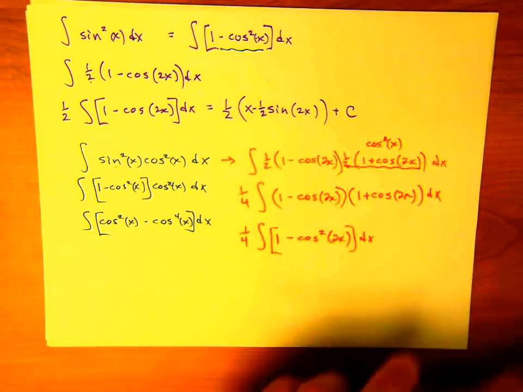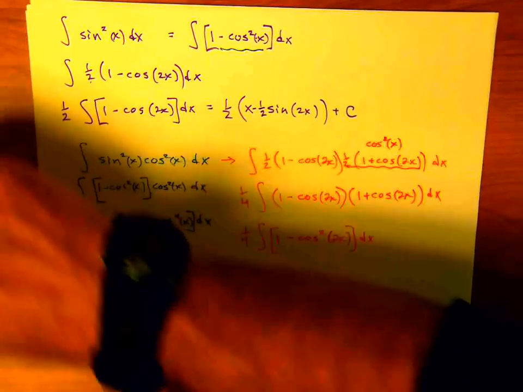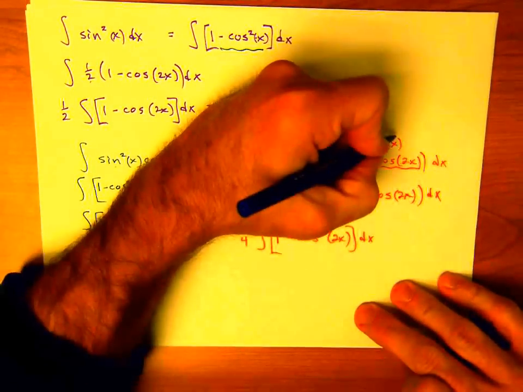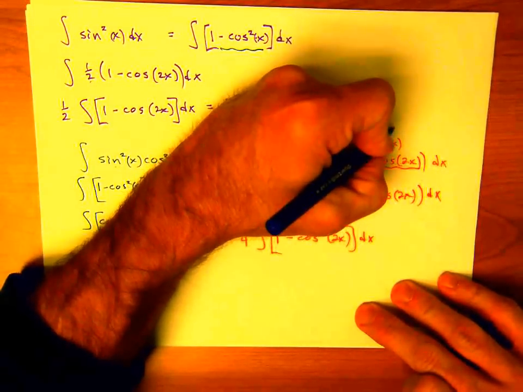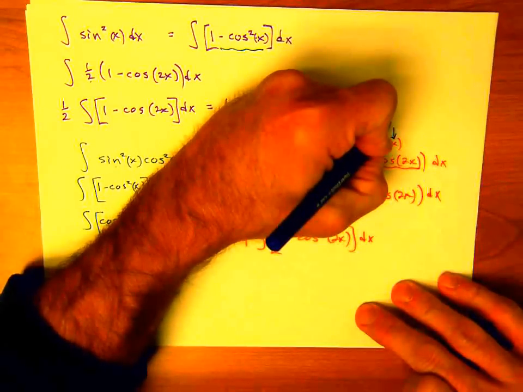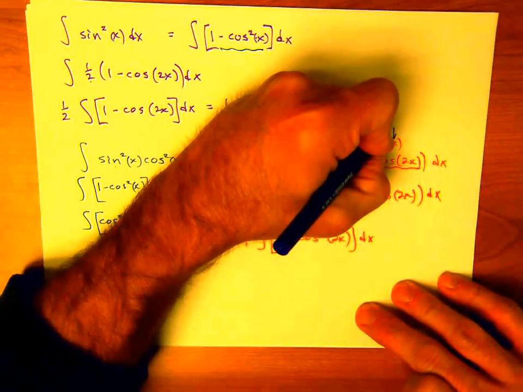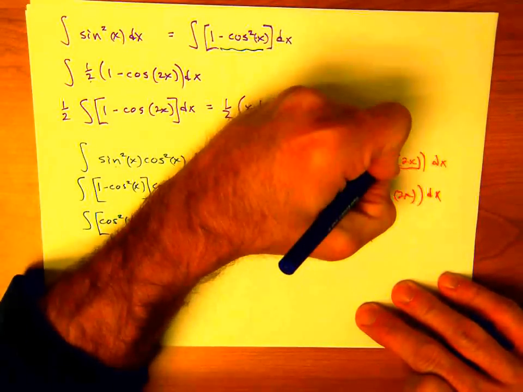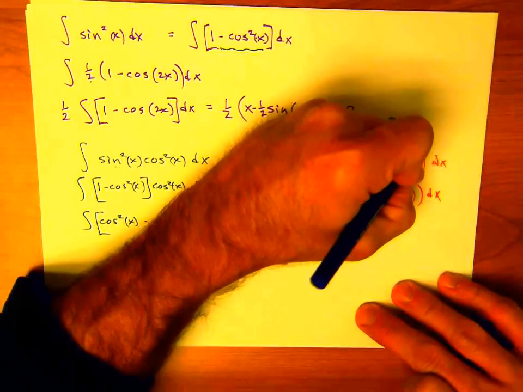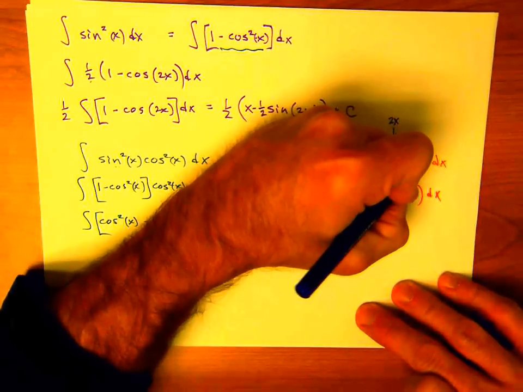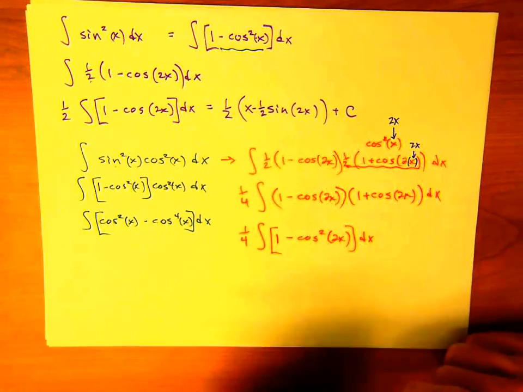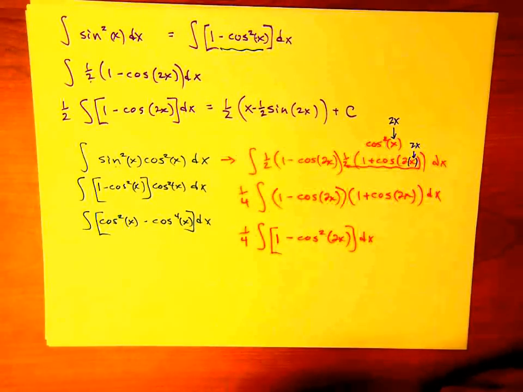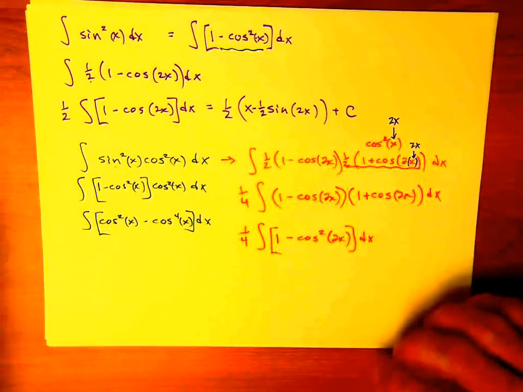Here's where another color might be helpful. This is kind of my input here. If I put in 2x for x, then I need to put in 2x for x here too, right? What that's going to give me, of course, is a cosine 4x.